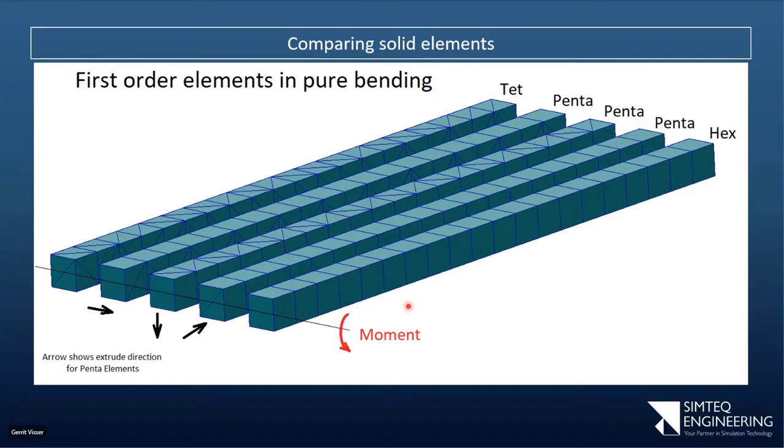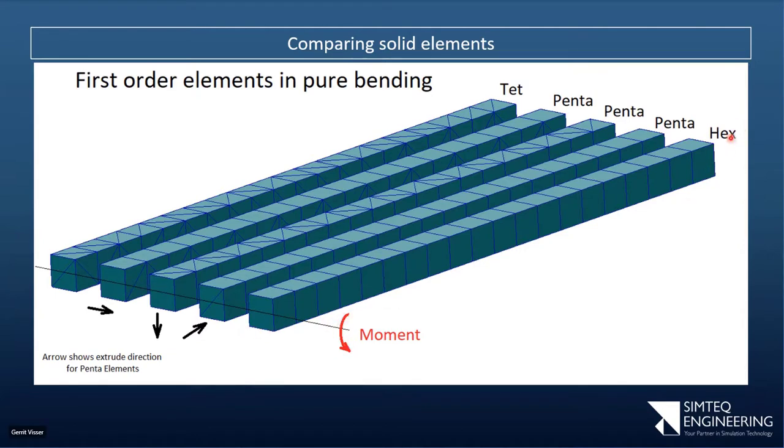This is just to show you the effect that the element has on accuracy, those stress distributions that we can represent. If I look at these beam sections, I've constrained it at the back to perfectly balance the load that I'm applying. So in other words, these sections are in perfect bending.